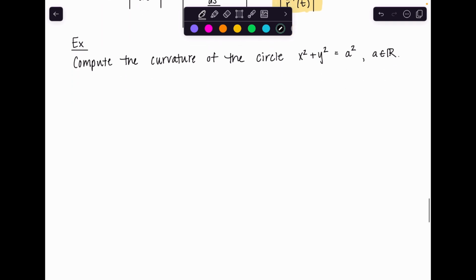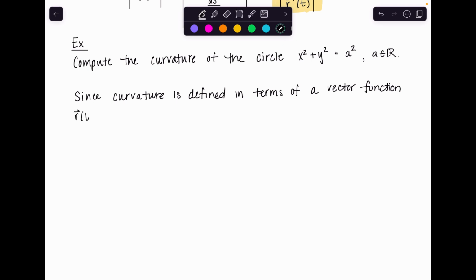Since the curvature is defined in terms of a vector function r of t, we need to parameterize the circle with radius a.